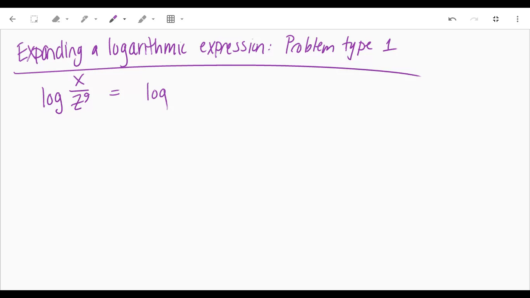We can rewrite this as log x minus log z to the 9th, using that quotient rule. Then we can use the third property, the logarithm of a power, and take that 9 out front. And that's going to be your final answer.